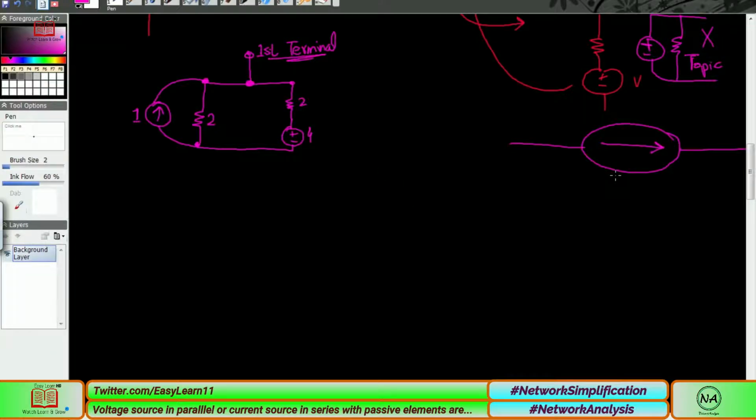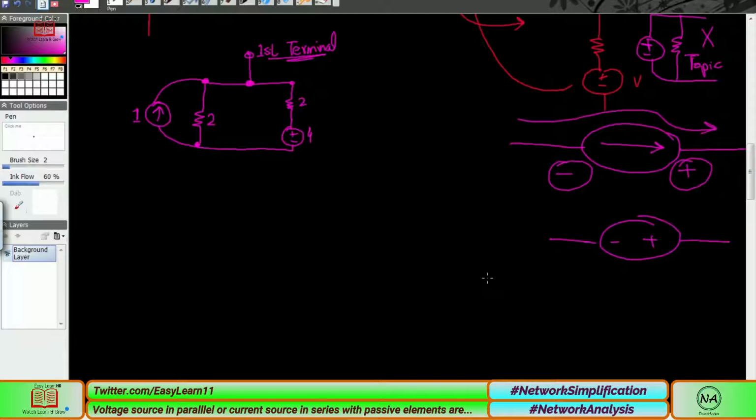So again, this is a type of current source with an arrowhead, which shows that this is positive and this is negative in terms of voltage. If we wanted to show it in terms of a voltage source, this should be the exact way, because the current direction goes from left towards right, and this also shows the voltage moving from left towards right. So this polarity should be kept in mind.